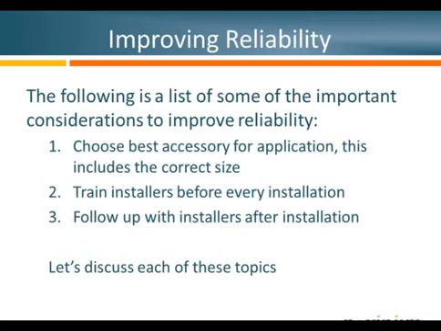We're going to talk about three different areas in this section, and we'll go into these in a little more detail. It's important to choose the best accessory for your application, and you have to take into account numerous things to do that, including the environment, the voltage, and a lot of other things.